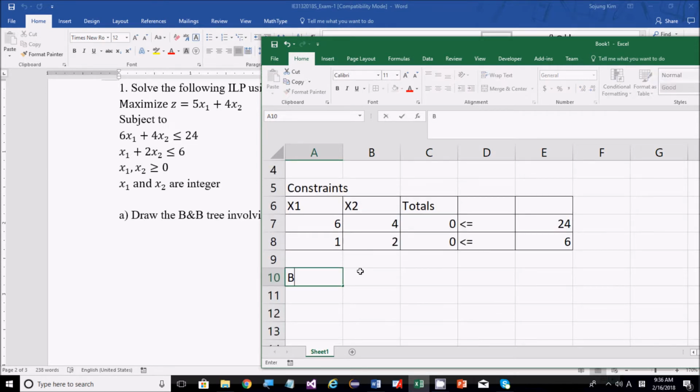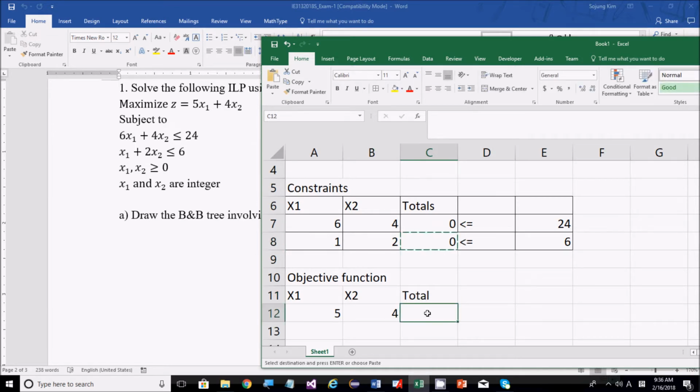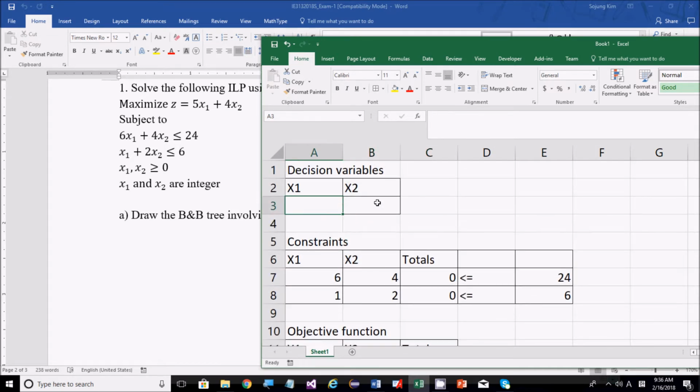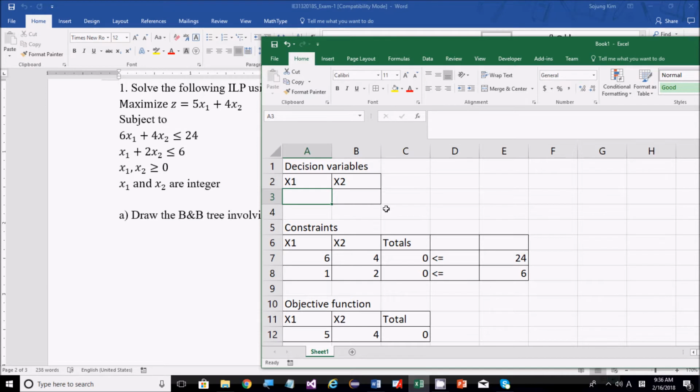And we have the objective function involving two decision variables with their coefficients. The total is currently 0 because we have 0 here. However, if you type any number here, then definitely you can get some values. So initially, let's say these are 0.